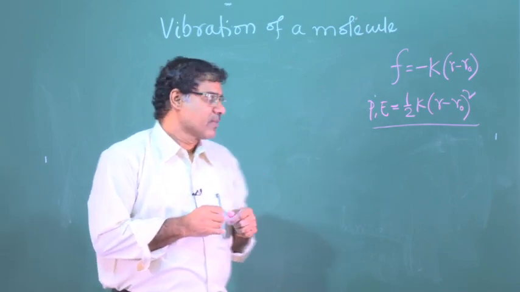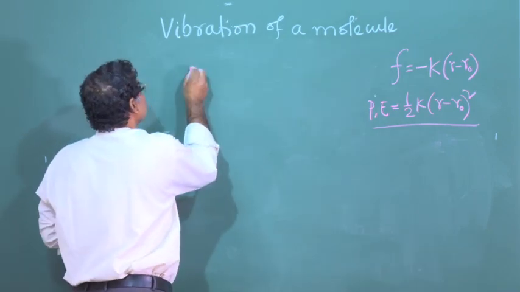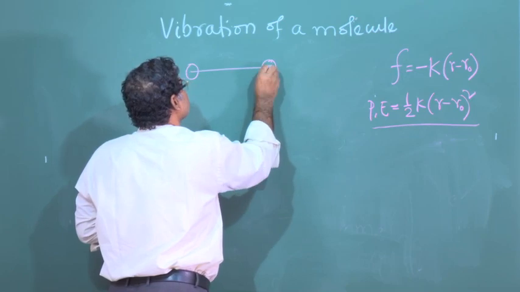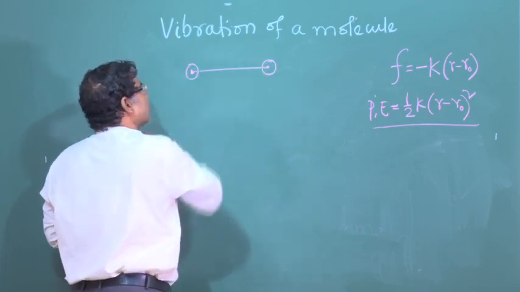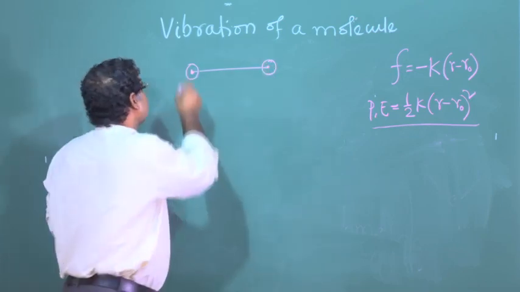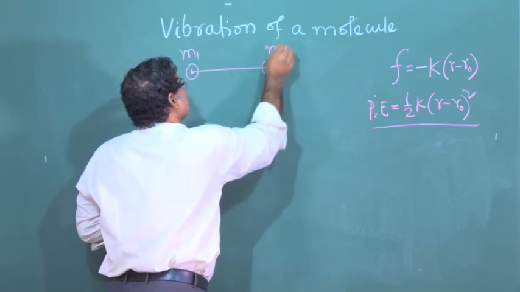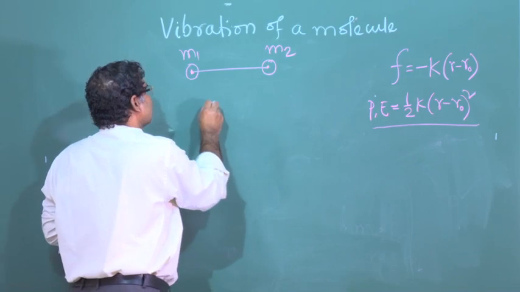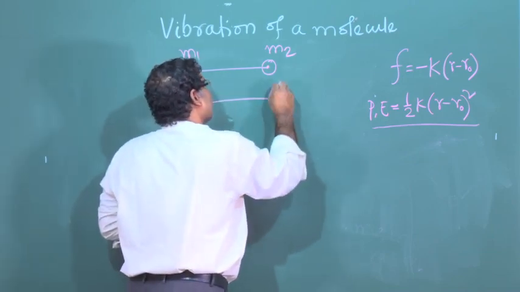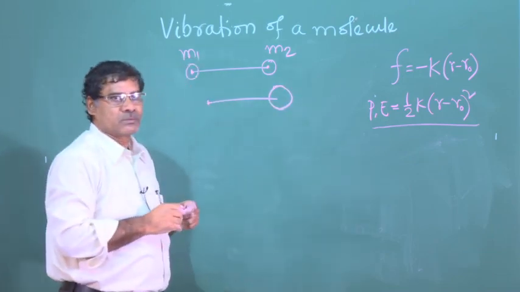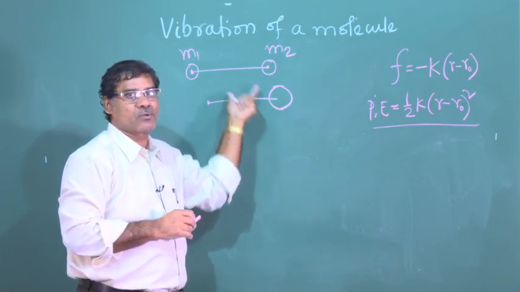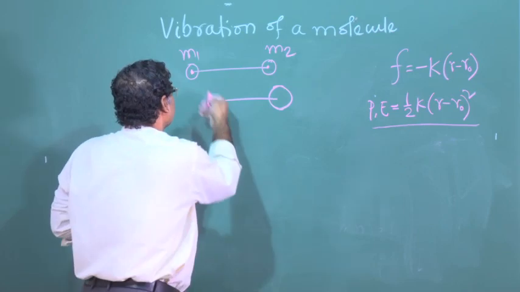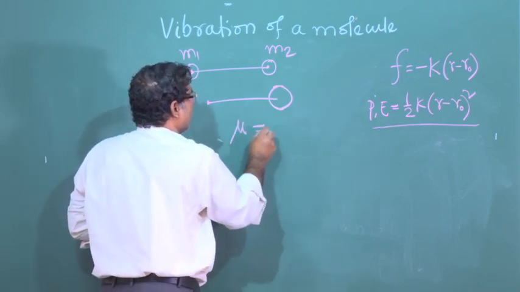Now, for the vibration of this diatomic molecule with mass m1 and mass m2, one can reduce the two body problem to a one body problem, which you already know.